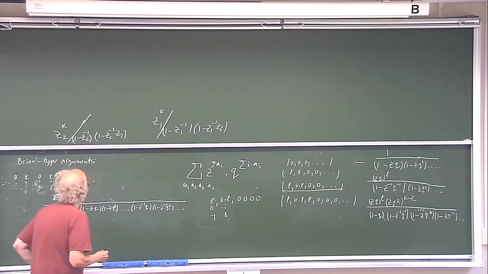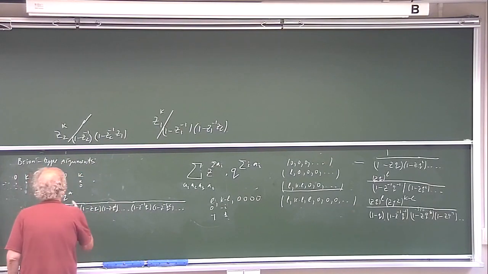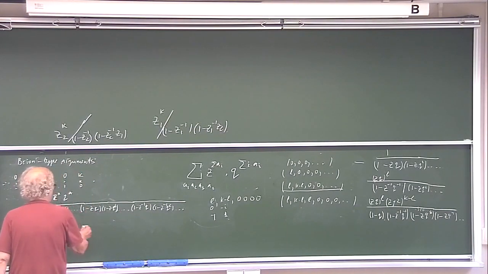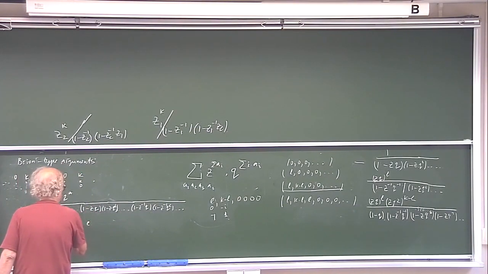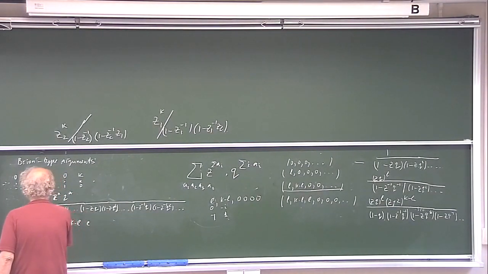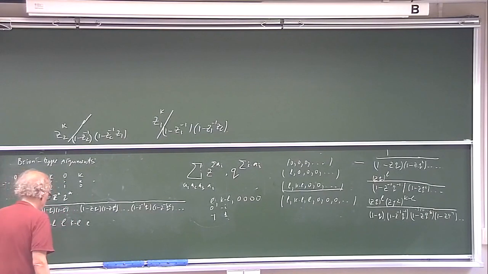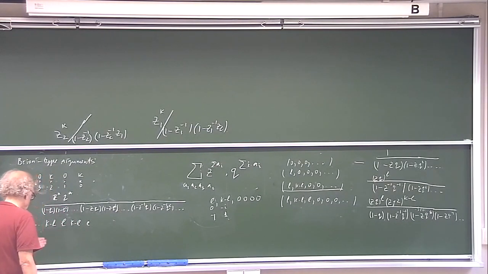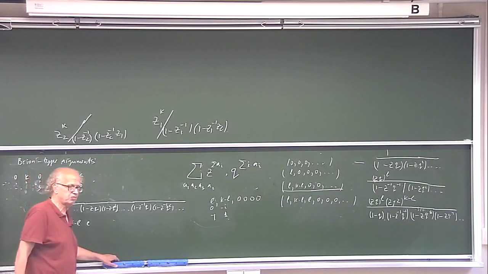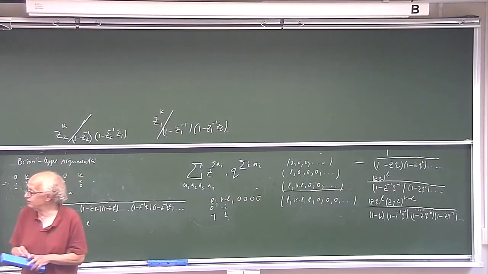And if the tail will be L, k minus L, and so on, then if we make precisely the same things, the result will coincide with the usual Weil formula.